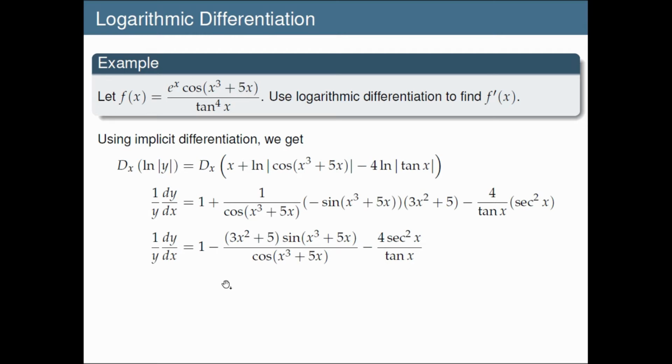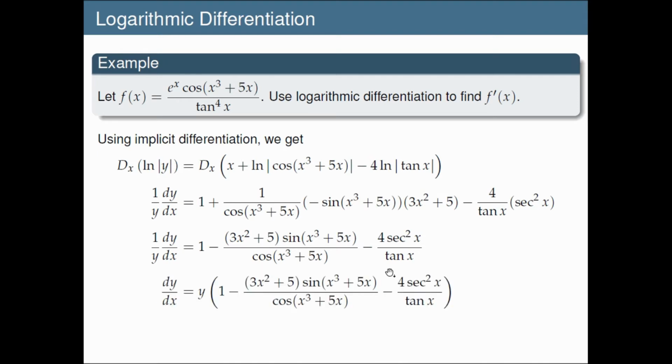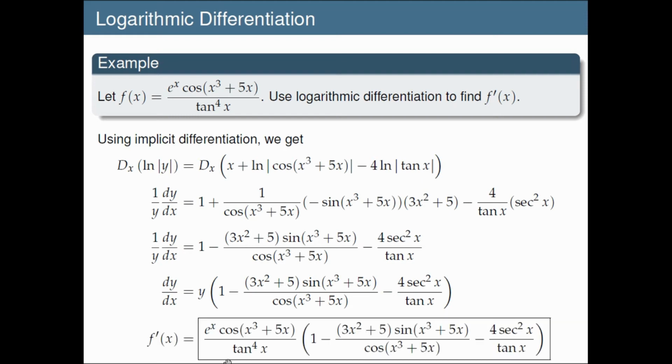Because 1 over y dy over dx equals this expression, multiply lang natin to by y to get dy over dx. And since y equals this, then dy over dx or f prime of x equals this one. Okay.